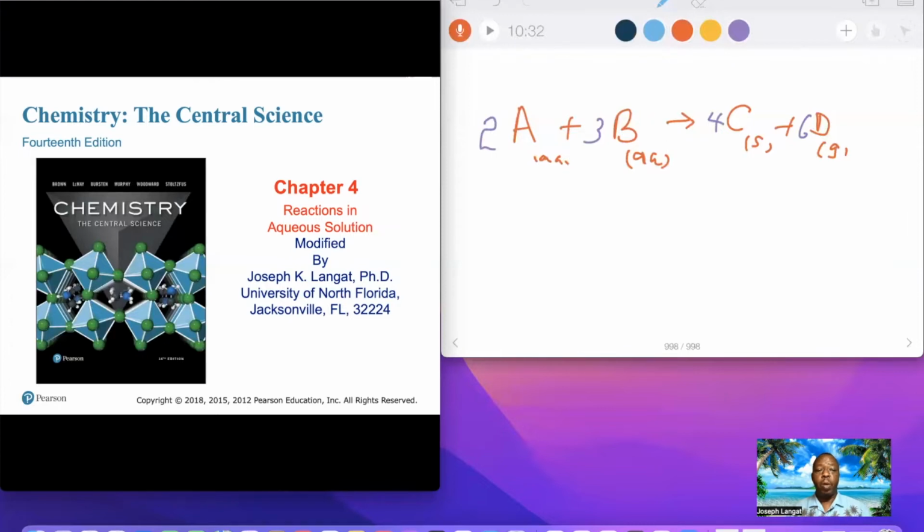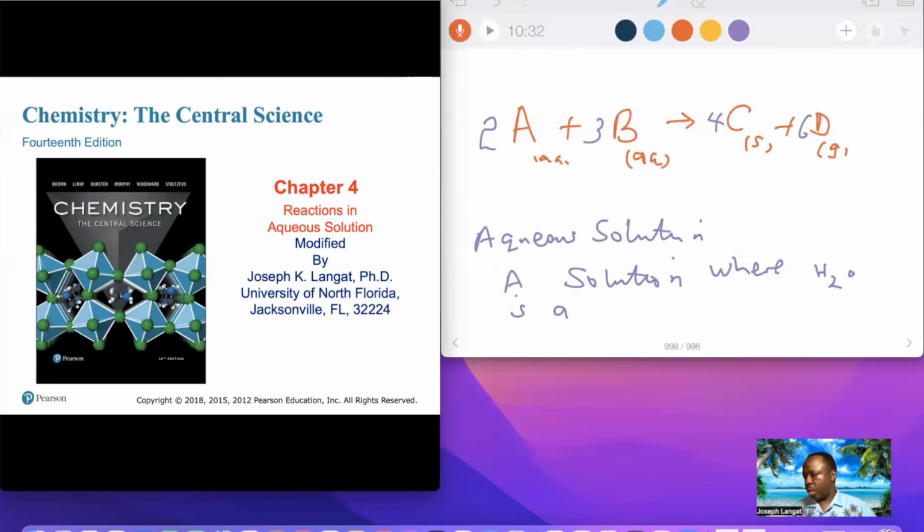But now, what do we mean by aqueous solution? An aqueous solution is a solution where H2O is the solvent.